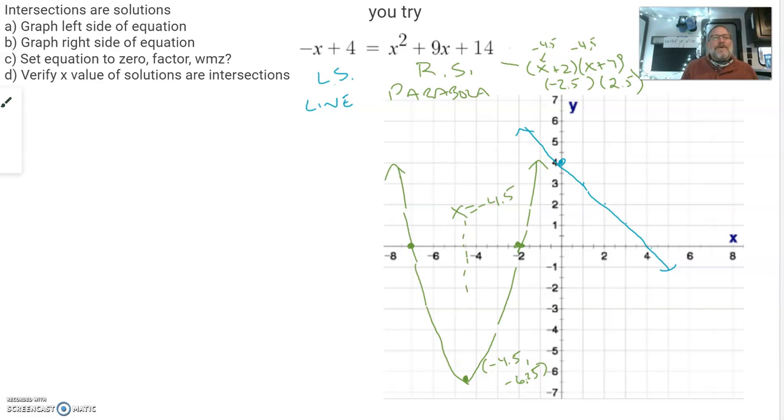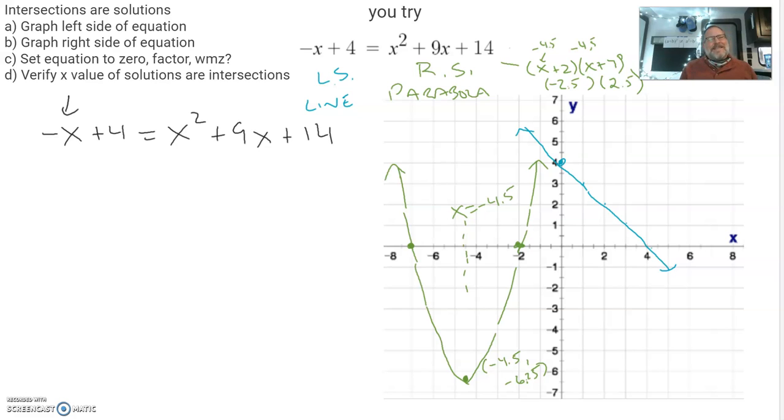If you set this quadratic equation to 0 and solve by factoring, we can find the intersections through the solutions. Now some of you may think, well, it's easy to solve a problem like this. Look, I can isolate this x right here.